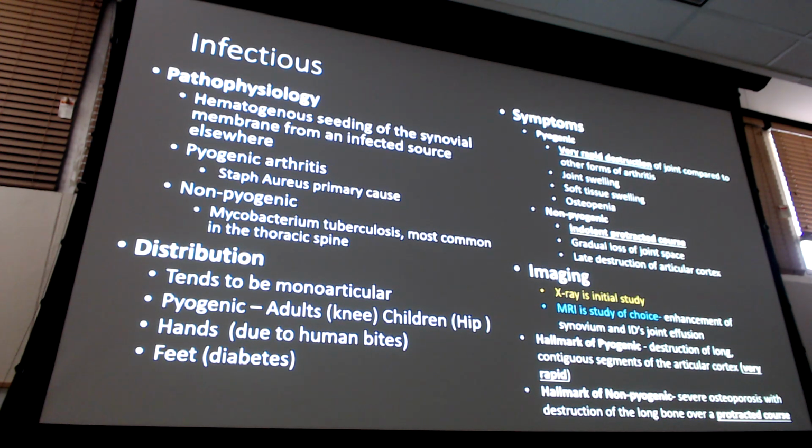So when you see those people that come in, I fell. Okay, what did you really do? I fell. No, you didn't fall. You didn't fall and get a cut just right here. So get them to tell you the truth. Usually, and we'll talk about this later with a boxer's fracture, you have to get them more comfortable and say, listen, I'm not your command. I am not your first sergeant. I don't care what happened.